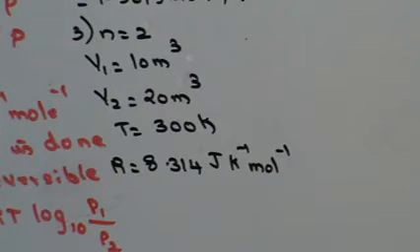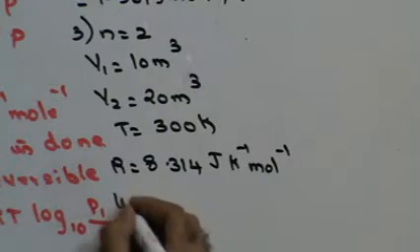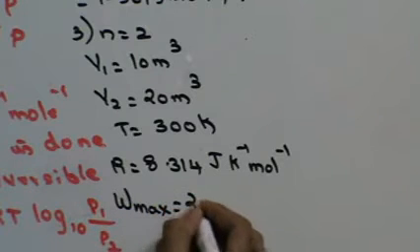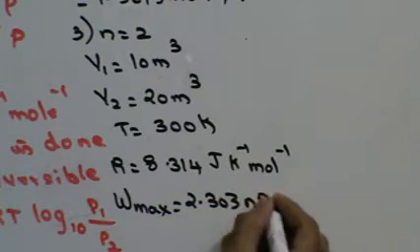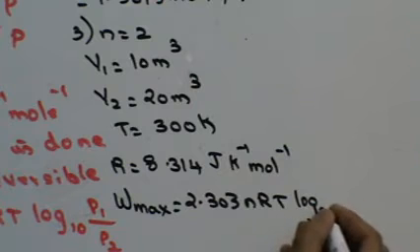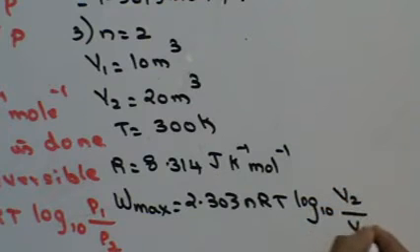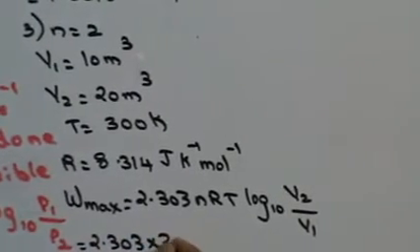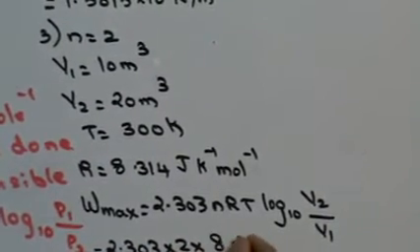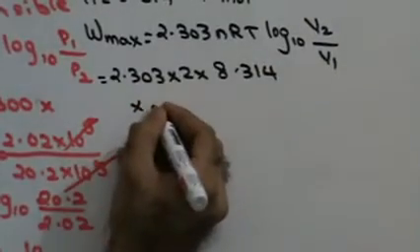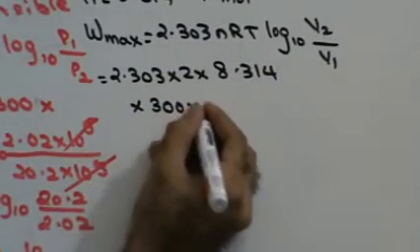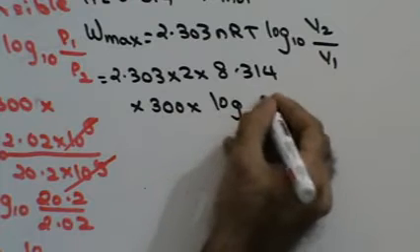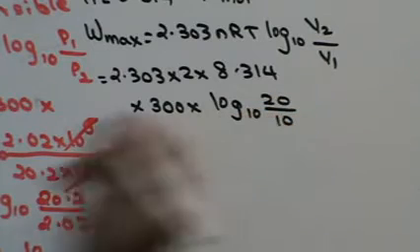They have directly given it to you in the sum that you have to calculate maximum work. So apply the maximum work formula. Maximum work is 2.303 nRT log to the base 10 V2 upon V1. Let's substitute the values. 2.303, n is 2, R is 8.314 into T, T is 300, log V2 20 upon 10 to the base 10.